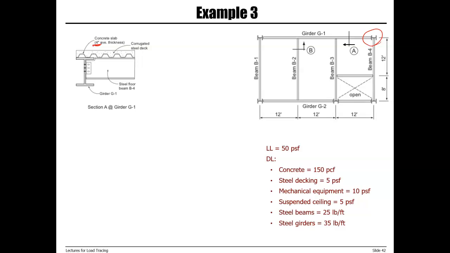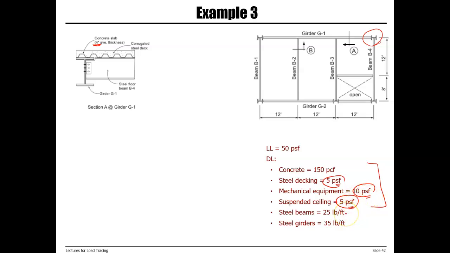So we need to calculate the weight of the flooring system, which consists of a concrete slab with a density of 150 pound per cubic foot, a steel decking, mechanical equipment, and suspended ceiling. They're all in PSF.